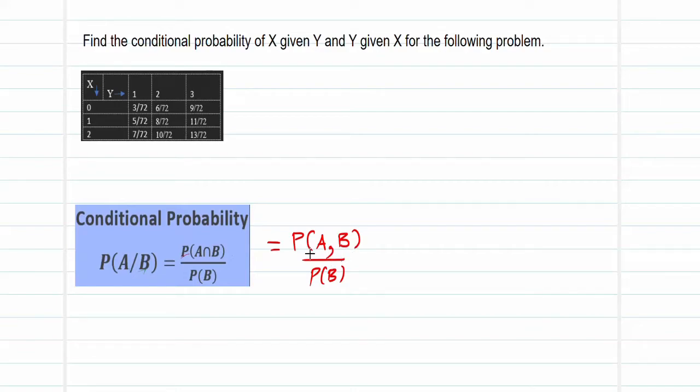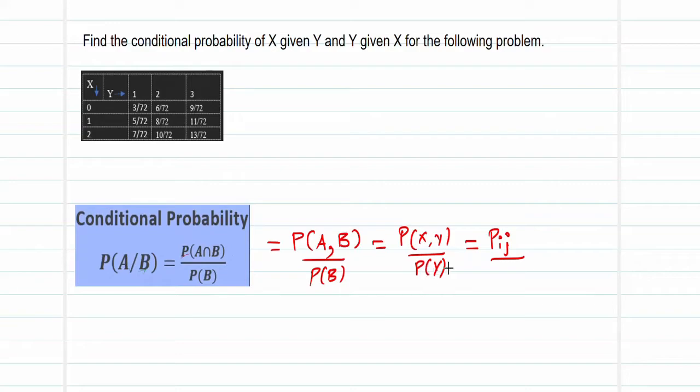If we rewrite in terms of x and y, this is P of x comma y divided by P of x or P of y. Whatever is in the denominator, if it is y, we write y, or if it is x, we write x accordingly. And the numerator is nothing but our Pij value.